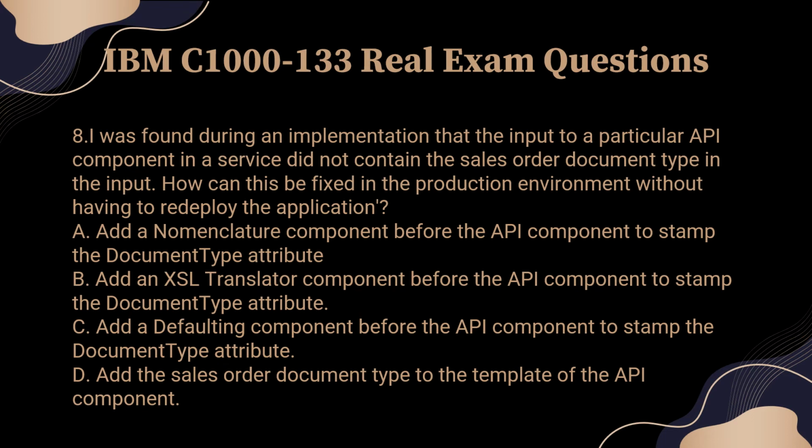B. Add an XSL translator component before the API component to stamp the document type attribute. C. Add a defaulting component before the API component to stamp the document type attribute. D. Add the sales order document type to the template of the API component.